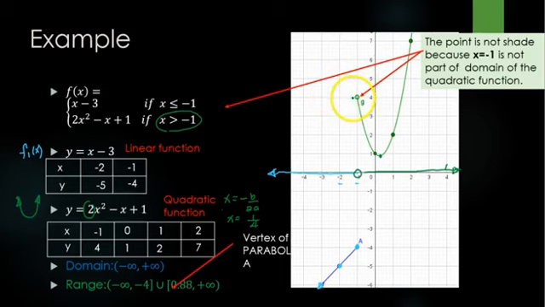If you look at the graph, the blue and the green one, the domain will be all the real numbers, since it covers -1 to negative infinity and then -1 to positive infinity. But for the range, it would be negative infinity to -4 for the line.